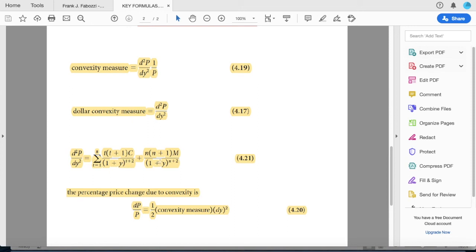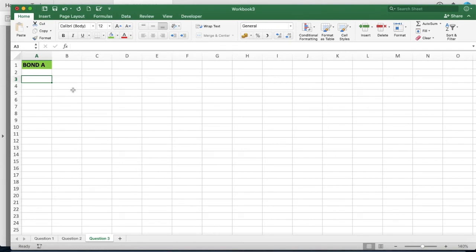Same thing for the final payment. We add a new term, which is n plus 1, and we add plus 2 here for the yield to maturity. So let's build a new table for the convexity measure of the bond A.